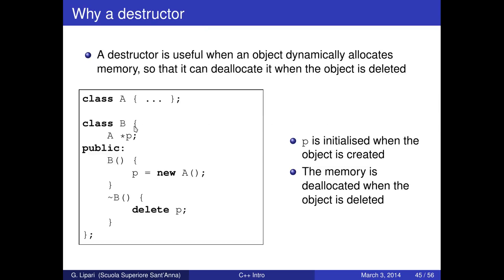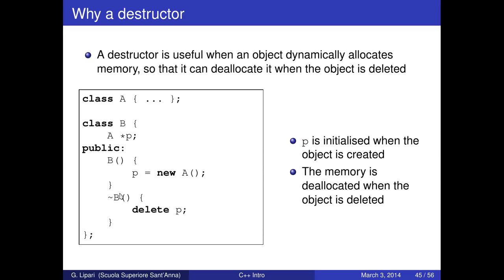For example, in this case, I have a class A, then a class B, which internally defines a pointer to A, and in the constructor, A is created and its address is assigned to P.